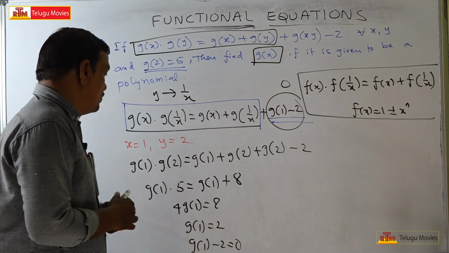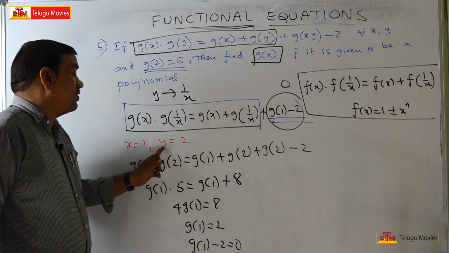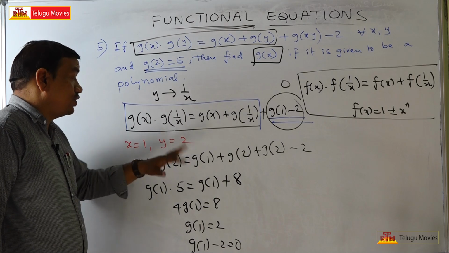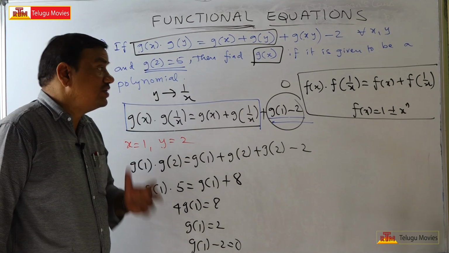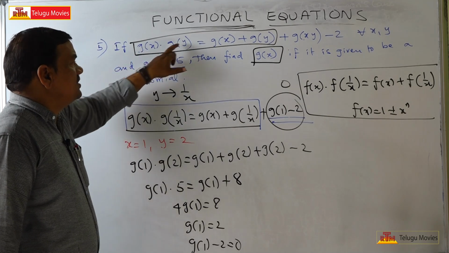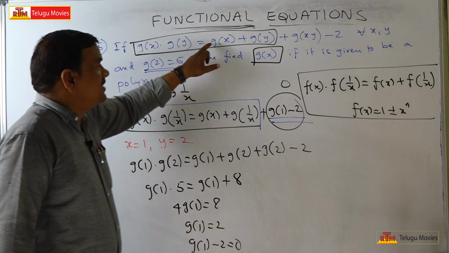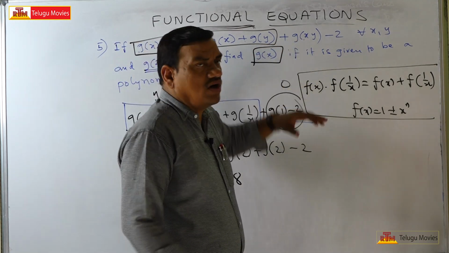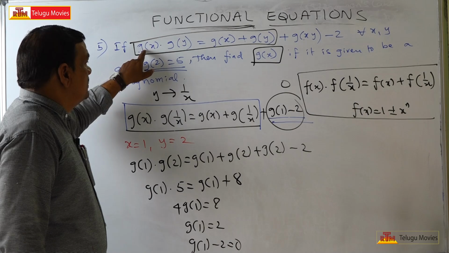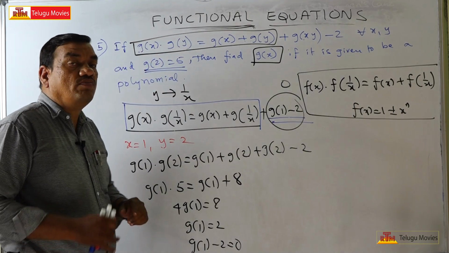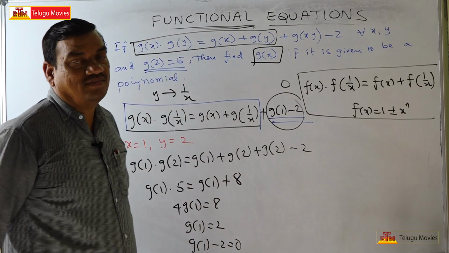You may get one doubt, sir, why you substitute x is equal to 1, y is equal to 2? If you substitute x is equal to 1, y is equal to 1, also that is easy. g of 1, g of 1, all will become g of 1, we can solve g of 1. But the thing is here, g of 1 into g of 1 is how much? g of 1 whole square.